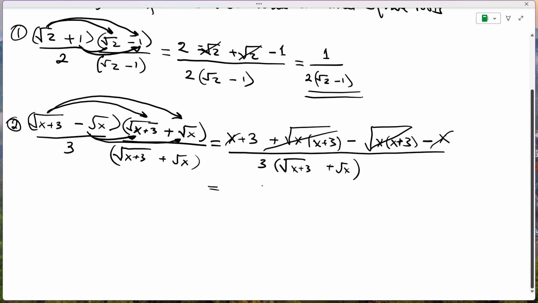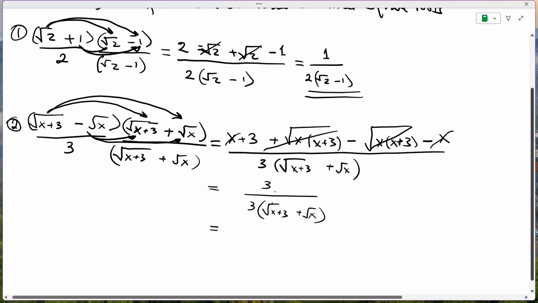So this expression becomes 3 over 3 multiplied by root x plus 3 plus root x. And finally, 3 over 3 will be 1. So we will have 1 over root x plus 3 plus root x. And this will be our final answer.